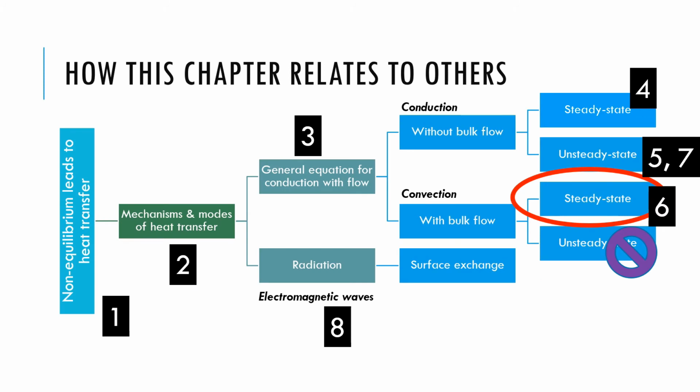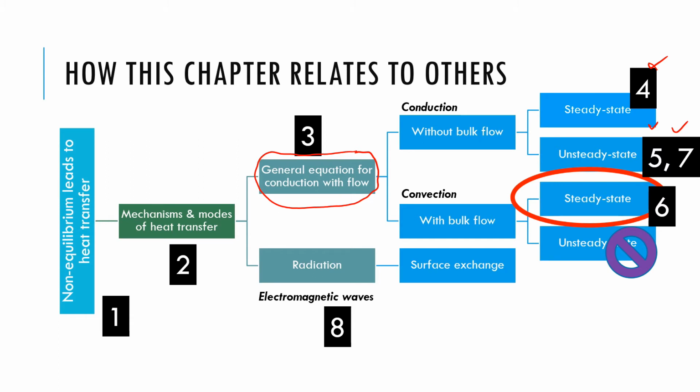Here we see how this chapter relates to other chapters in heat transfer. Chapter 3 was this general equation that we just talked about, and then chapters 4, 5, and 7 were the applications of that to steady state and unsteady state heat conduction.